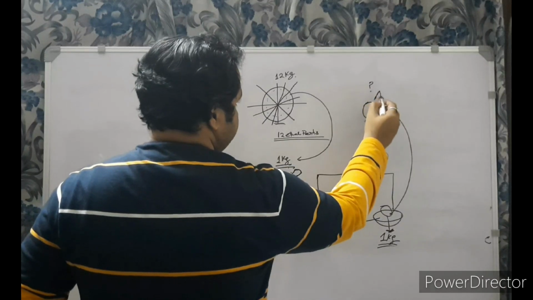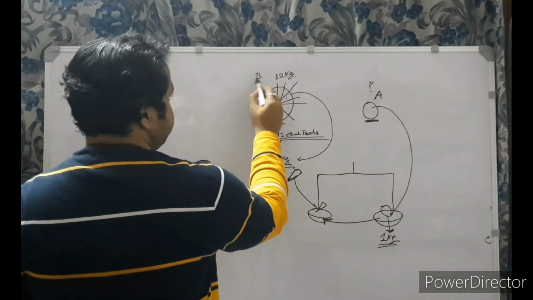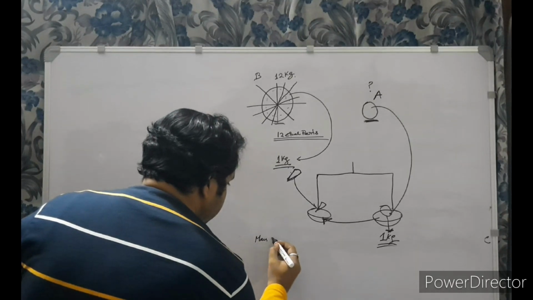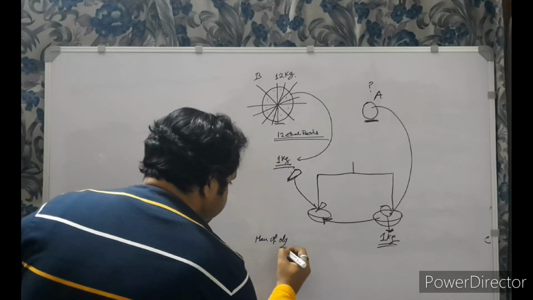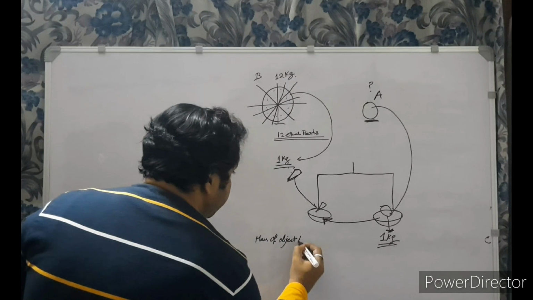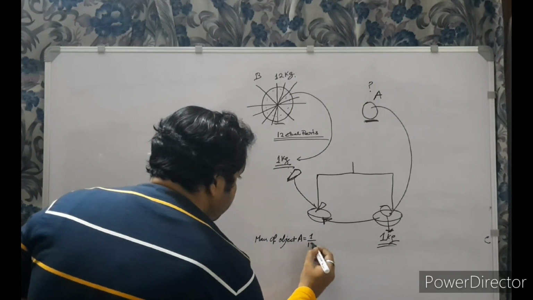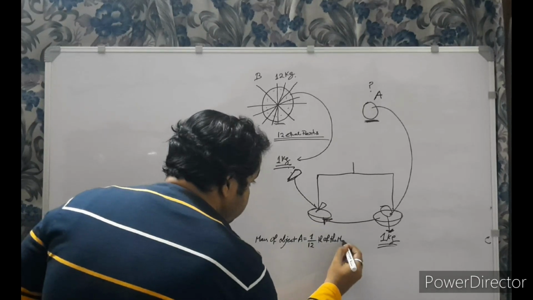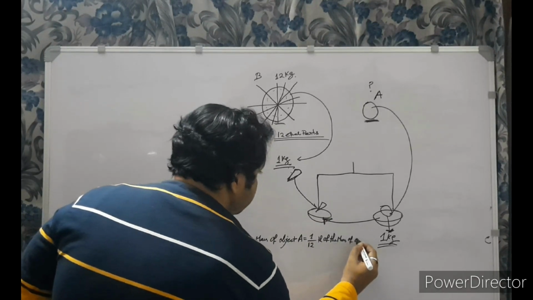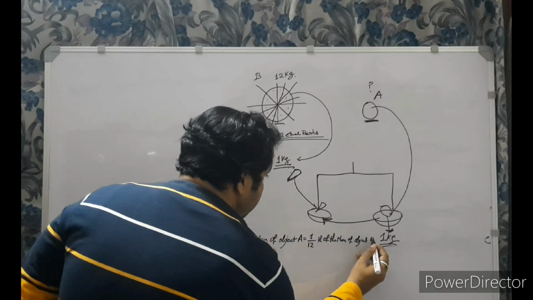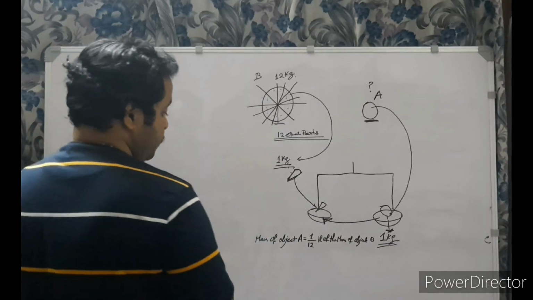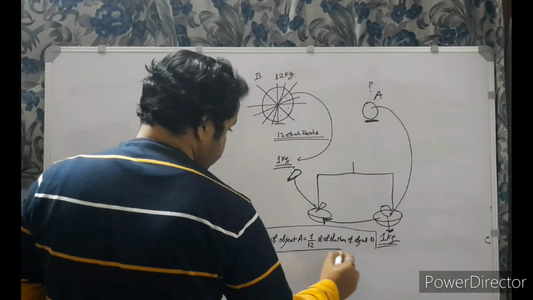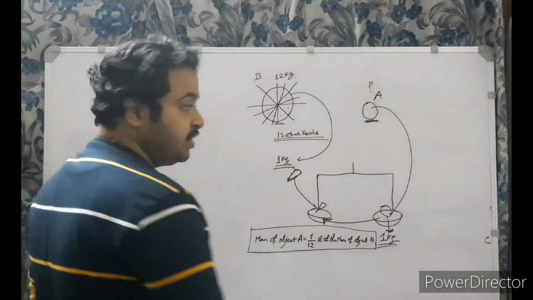Let's assume this is object A and this is object B. So we have to write that mass of object A is equals to 1/12 of the mass of object B. So this is also the procedure followed to measure one atomic mass unit.